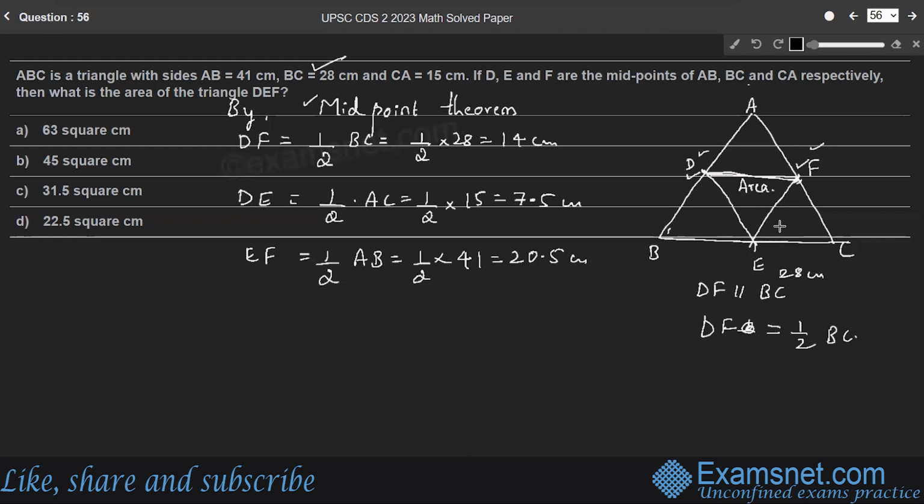Therefore, DF is 14 centimeter, DE is 7.5 and EF is 20.5 centimeter. So how do we find the area of a triangle when all the sides are given and are not equal? For that, we need the semi-perimeter of the triangle.